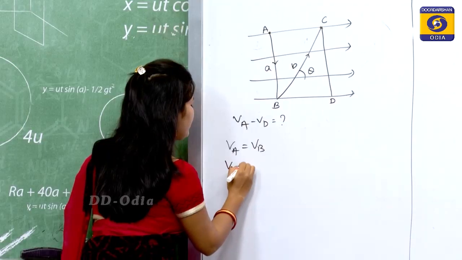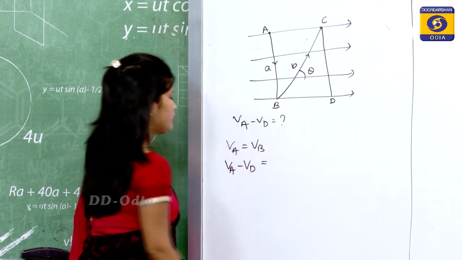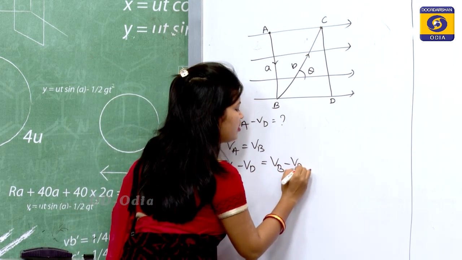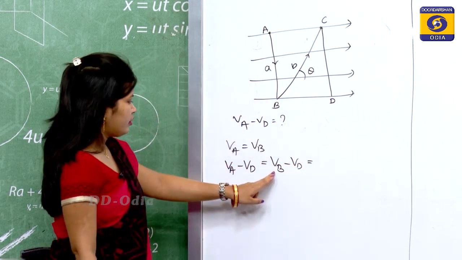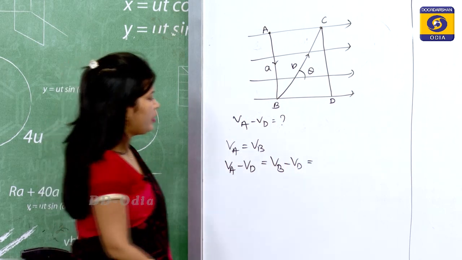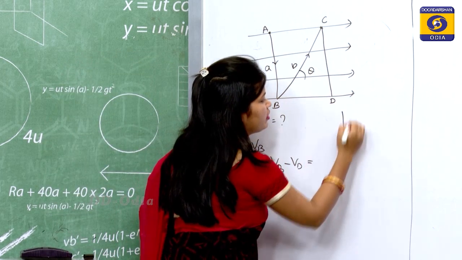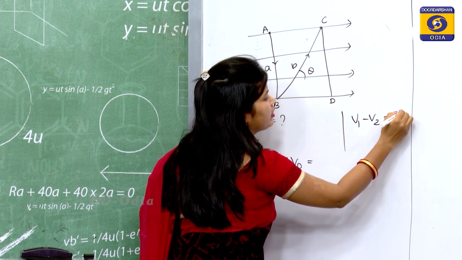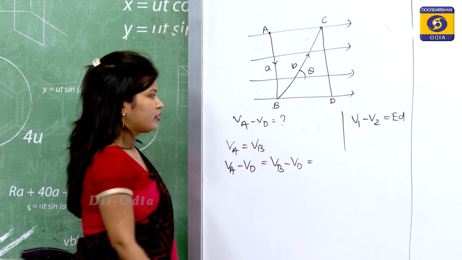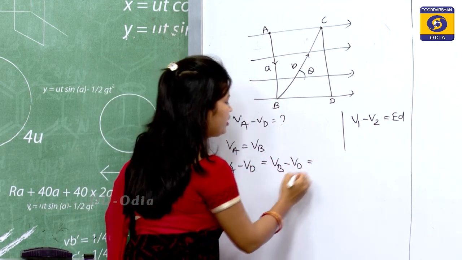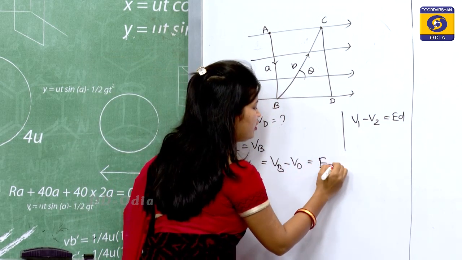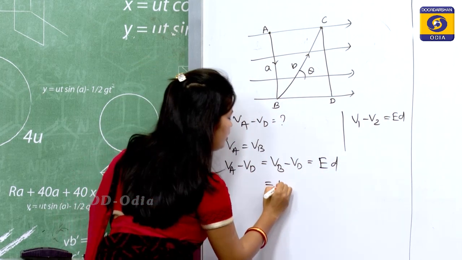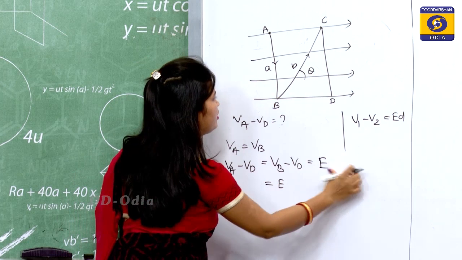So, VA minus VD is equal to, I can write, VB minus VD. Okay. So, VB minus VD, we know the relation V1 minus V2 is equal to Ed from the previous class. So, VB minus VD is equal to E into d, where the distance here is BD.